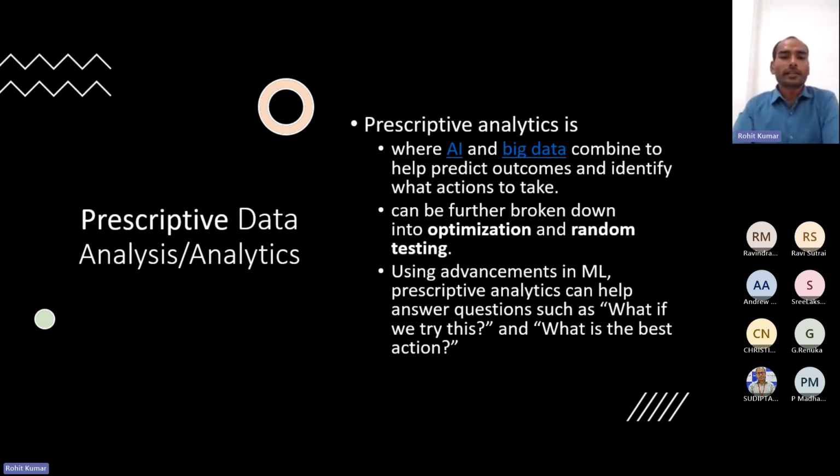Here, we are trying to predict the outcomes. Ultimately, the motive is the same. The only difference is that those predictions, those actions, are prescribed by somebody. And that somebody is AI. AI is giving you some sorts of prescriptions, and using that, we can further go for optimization or testing. For example, what is the most envisioned thing in computer science?